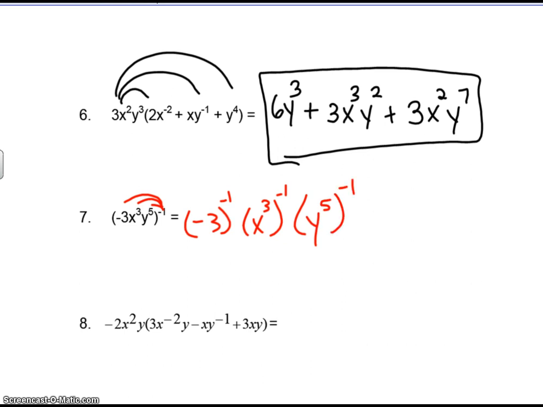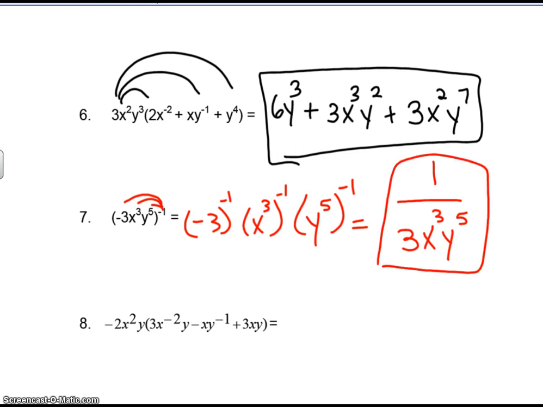Since everything's a negative exponent, the reciprocal is 1 over 3 x cubed y to the 5th. And this 3 should have been negative because it started off negative. That negative 1 exponent did not affect the sign on that negative 3.